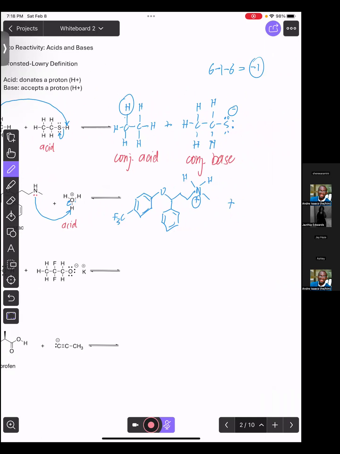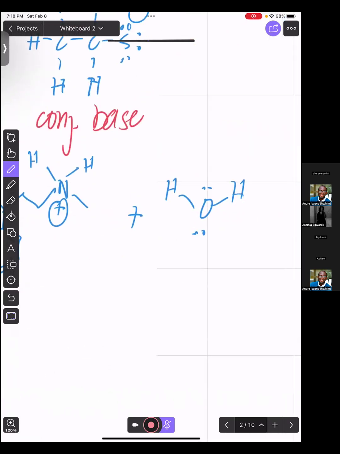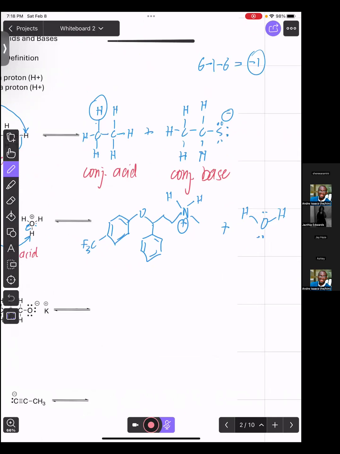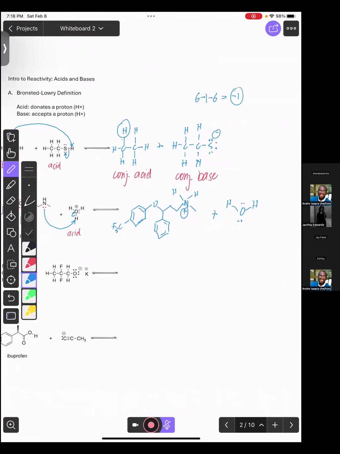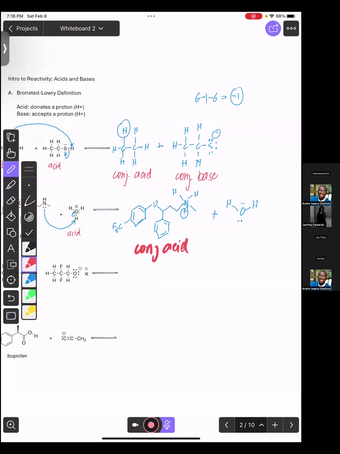And then, of course, the other product is now oxygen with 2 hydrogens, and it gained a lone pair from that bond that we just moved. That's the pair of electrons that ended up on the oxygen with the other pair. And so we can label these, okay? This is our conjugate acid now. And this is our conjugate base.